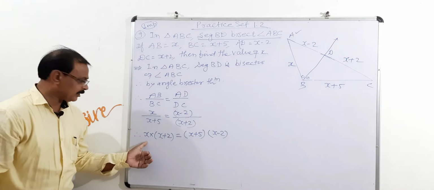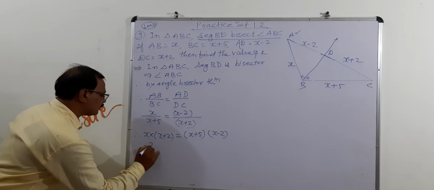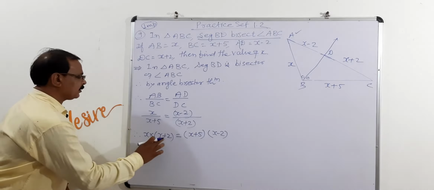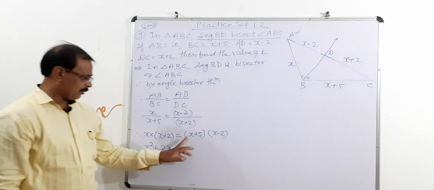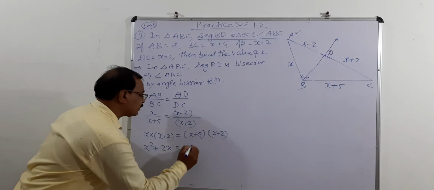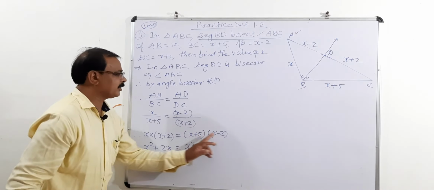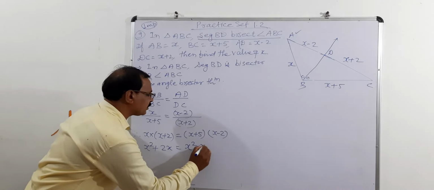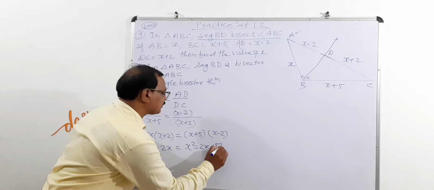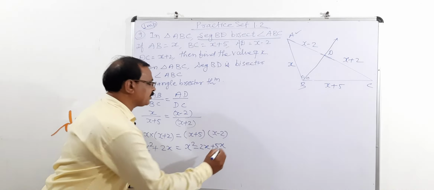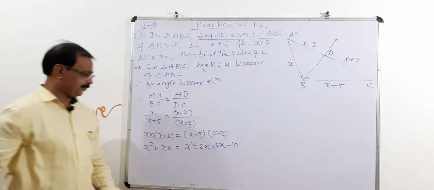Multiply with this, x into x, x square, plus x into 2, 2x is equal to, multiply x with this bracket, you will get x into x, x square, x into minus 2, minus 2x, 5 into x, plus 5x, and 5 into minus 2, that is minus 10.